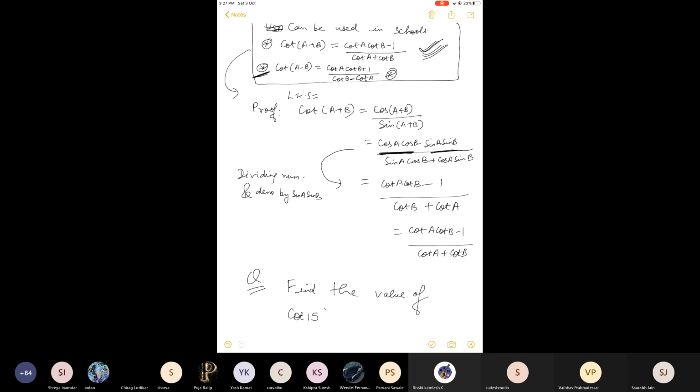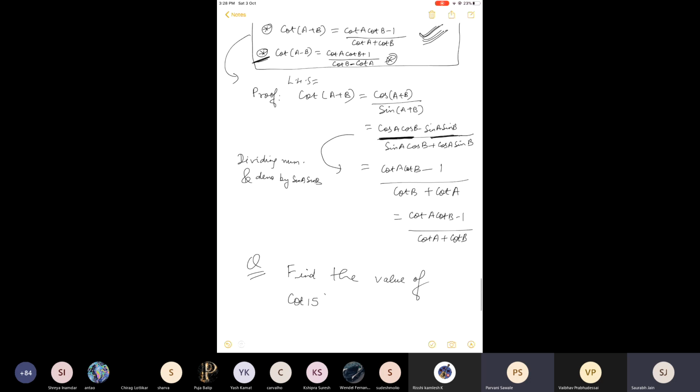Find this. Two plus root three. Yes, correct. Good.